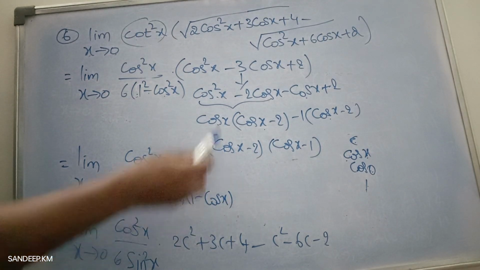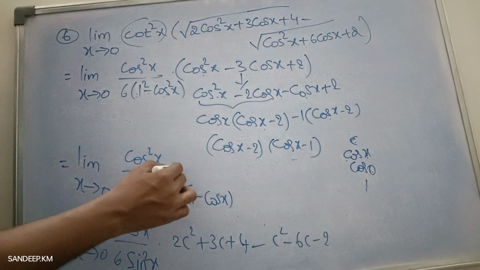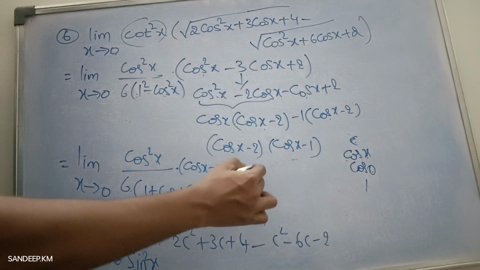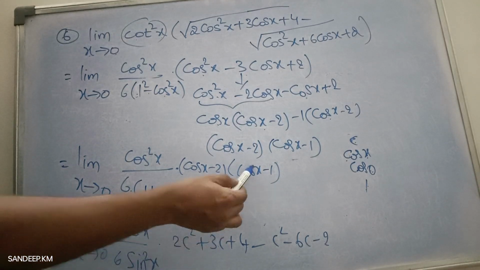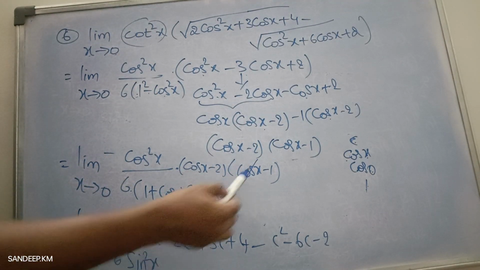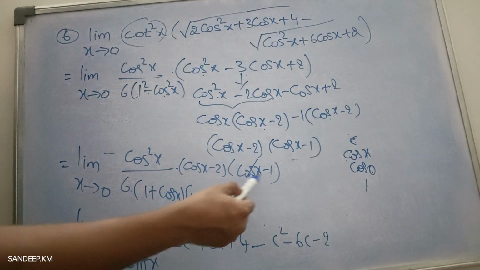And in the numerator, instead of writing cos square x minus 3 cos x plus 2, we can write this. What we can write? Cos x minus 2 into cos x minus 1. So these two will get cancelled, giving you minus. Correct or not? Because if I take minus common, cos x minus 1 becomes 1 minus cos x.